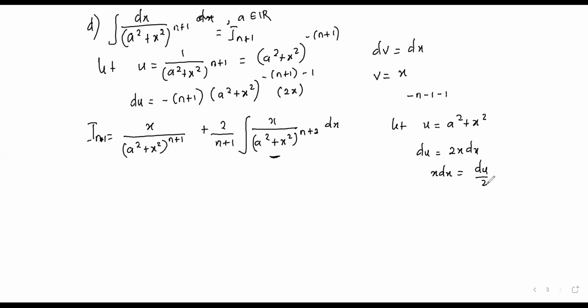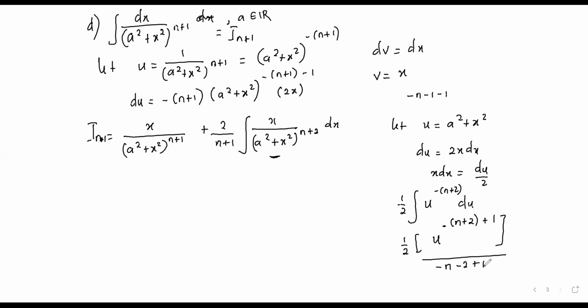That can be 1 over 2 du, u to the power minus (n plus 2) du, so that we get the integral of u. When we add the 1, it will be minus n plus 2 plus 1 over minus n minus 2 plus 1, which will be half.